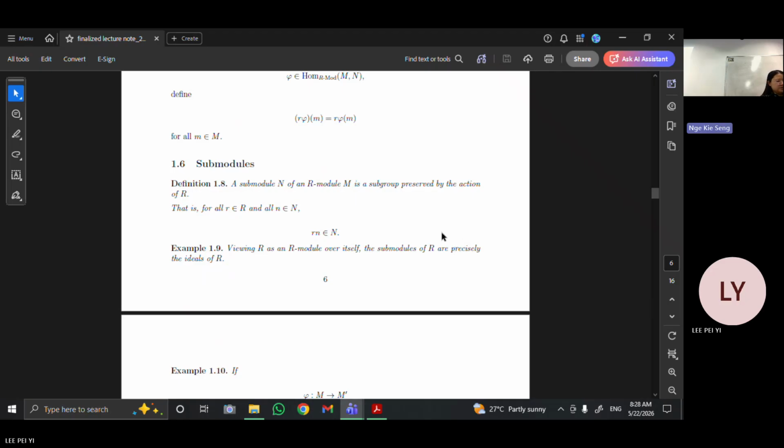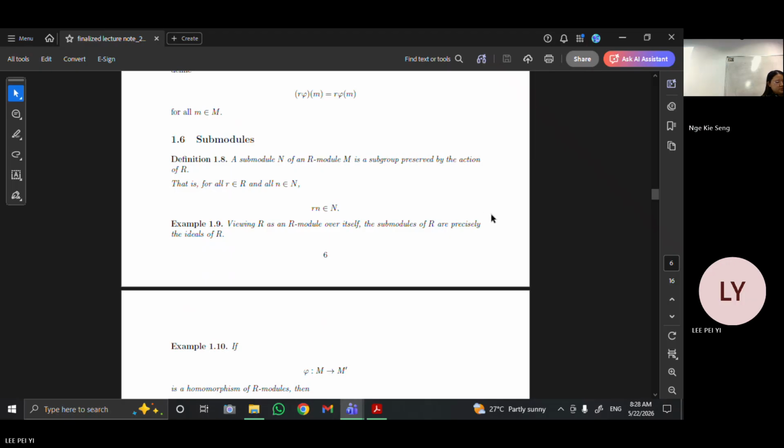And the next one, submodule. A submodule N of an R module M is a subgroup preserved by scalar multiplication. And that means that rn is in N for all r in R and n in N. The submodules generalize the subspace in linear algebra and the ideal in ring theory.